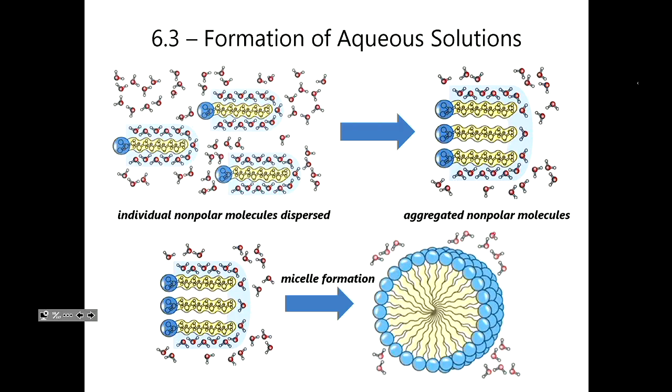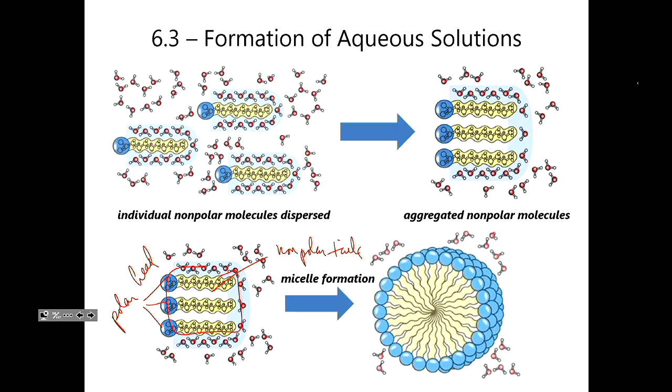But what ultimately ends up happening in the particular case of these substances that have what we call a polar head, and these pieces are non-polar tails, is that all of those come together and all of these tails accommodate themselves towards the center of this structure.